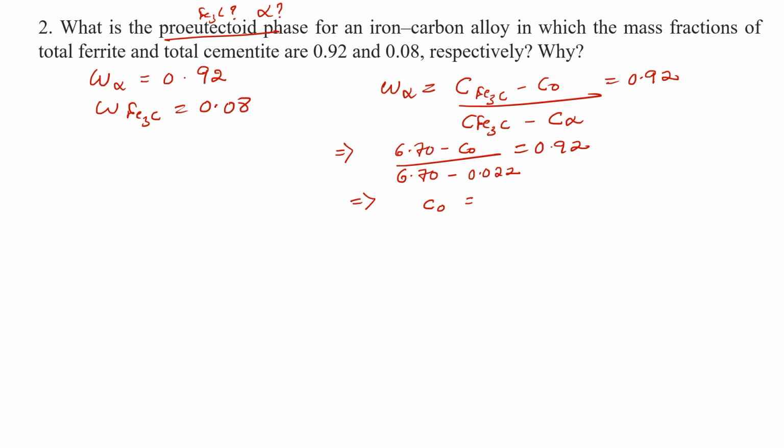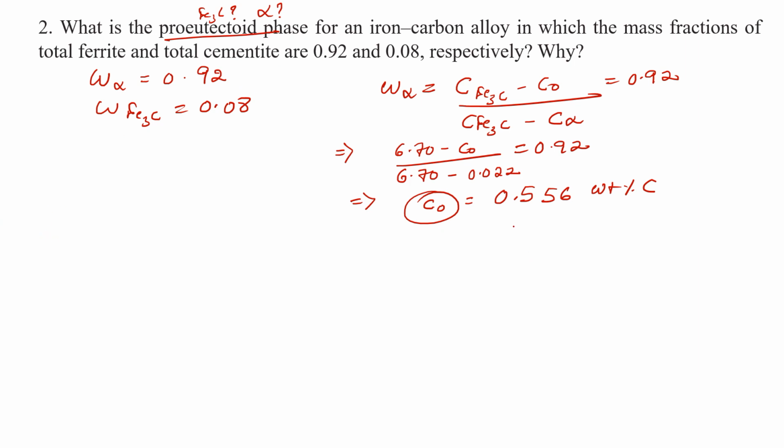And subtracting from 6.7, it gives me about 0.556 weight% carbon. Okay, so this is the original concentration that we had taken. So now we must know the original concentration, so we can find out what the proeutectoid phase is.